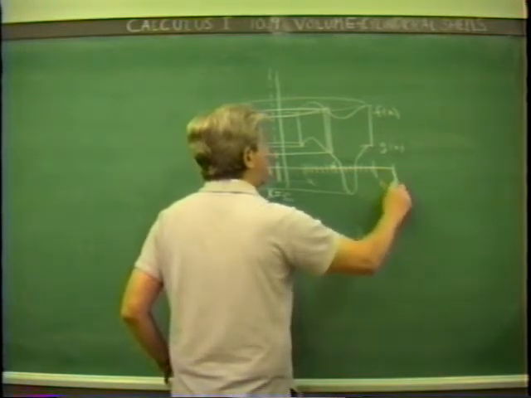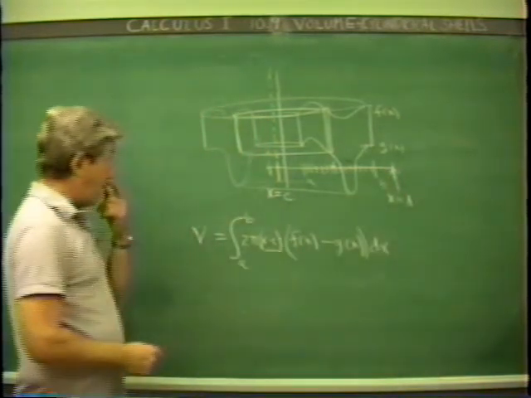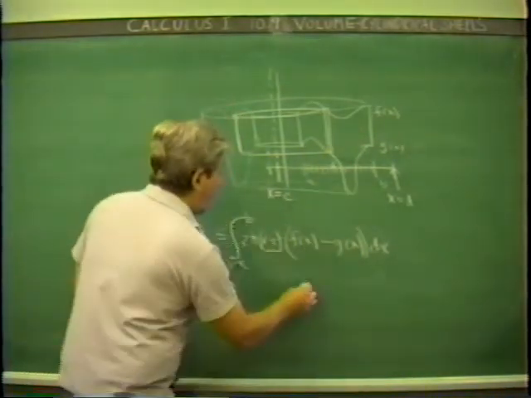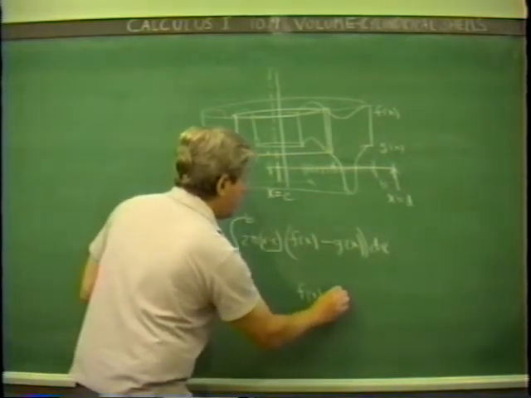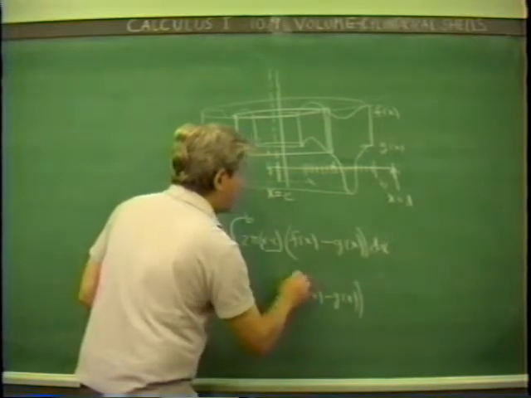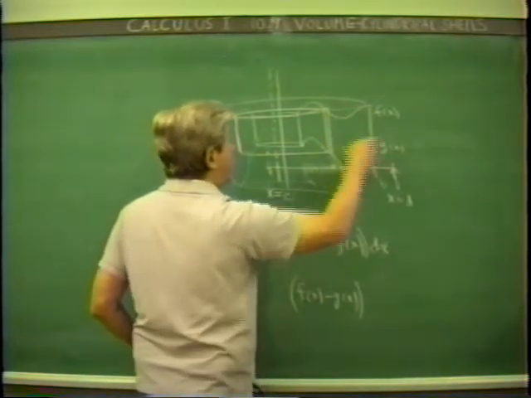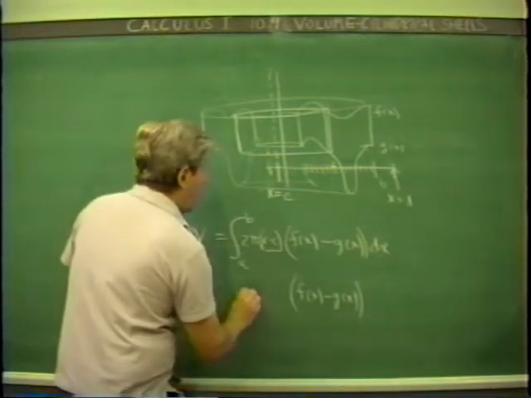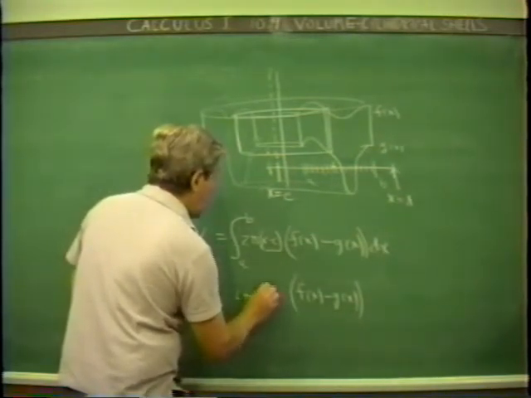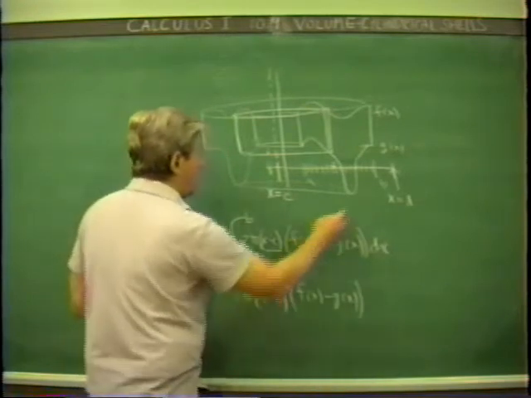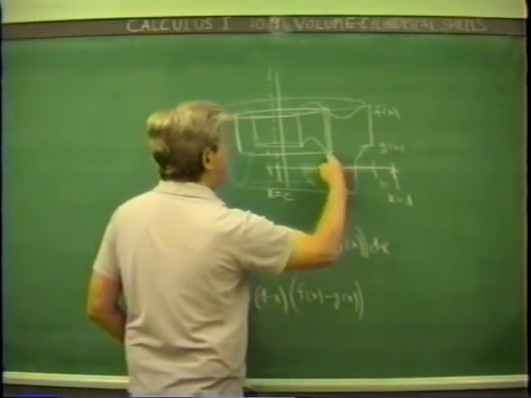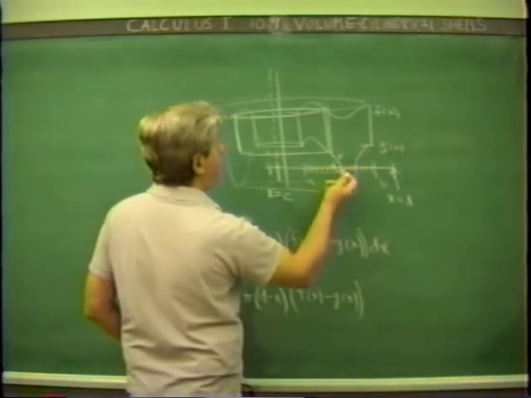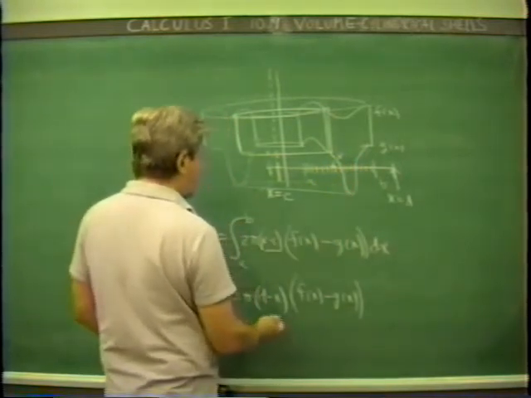If, on the other hand, we wanted to revolve it around x equals d, right, the same method would apply. f of x minus g of x would be the height of this small cylindrical piece. 2 pi d minus x. d is the larger number here. x is the value in the interval here.